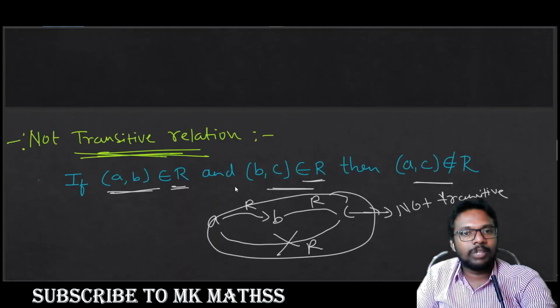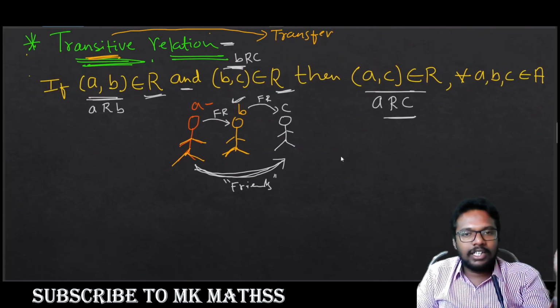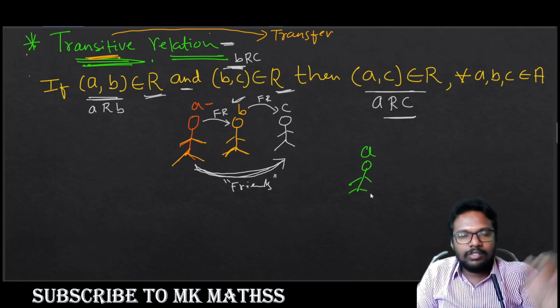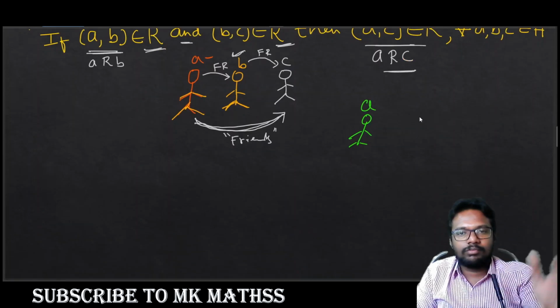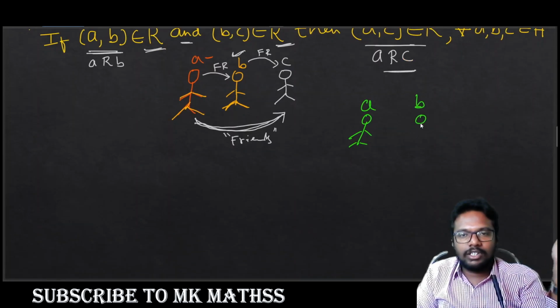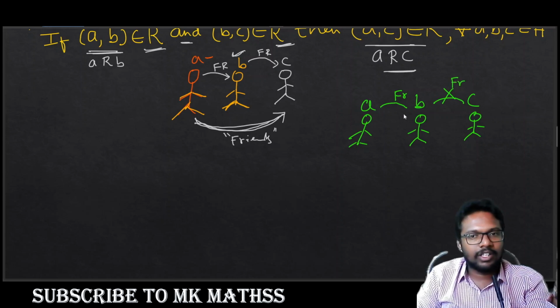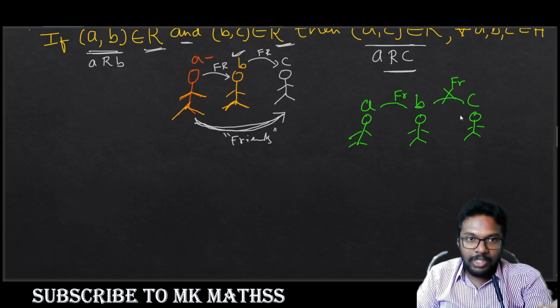So if we go to the previous example, here this person is A, this is another person B, and this is another person C. A is a friend to B, but B is not a friend to C. A sent a friend request to B, so A and B become friends, and B did not send a friend request to C. Then B and C have not become friends.